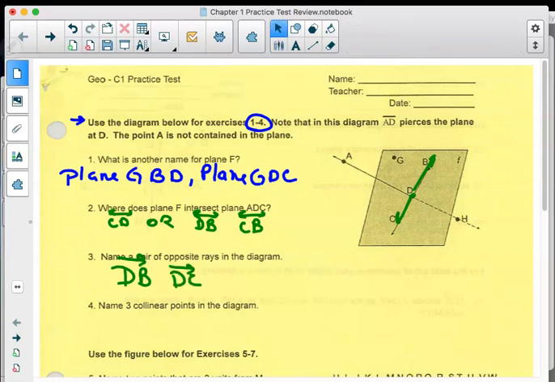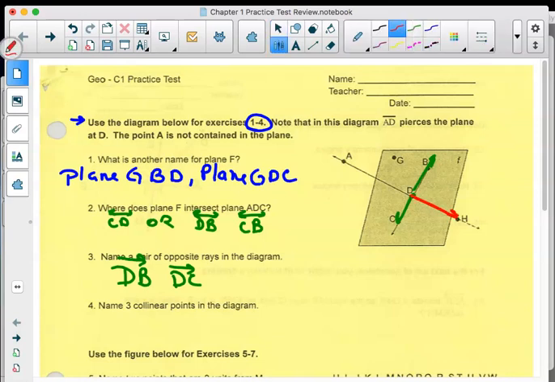Another opposite ray combo is here and here: ray DA and ray DH. Those are opposite rays, and opposite rays in this diagram and in all diagrams make a line. They only have a common point and they go in opposite directions.